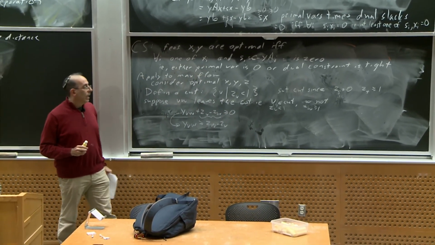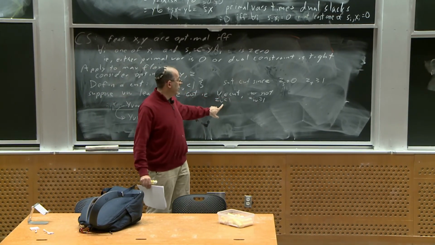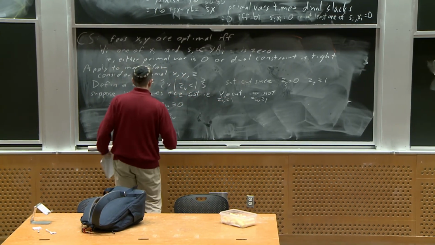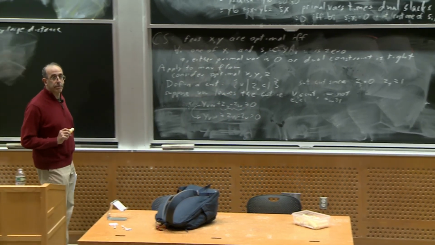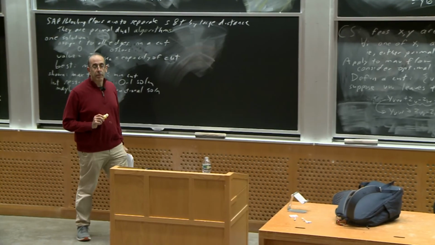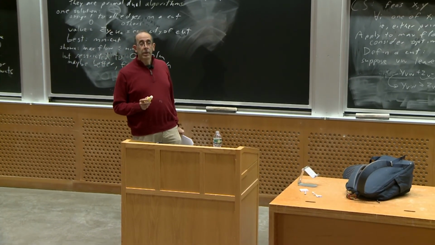And we've just said that ZW is at least 1 and ZV is smaller than 1. That means that their difference is greater than 0, not greater than or equal, but strictly greater than 0.